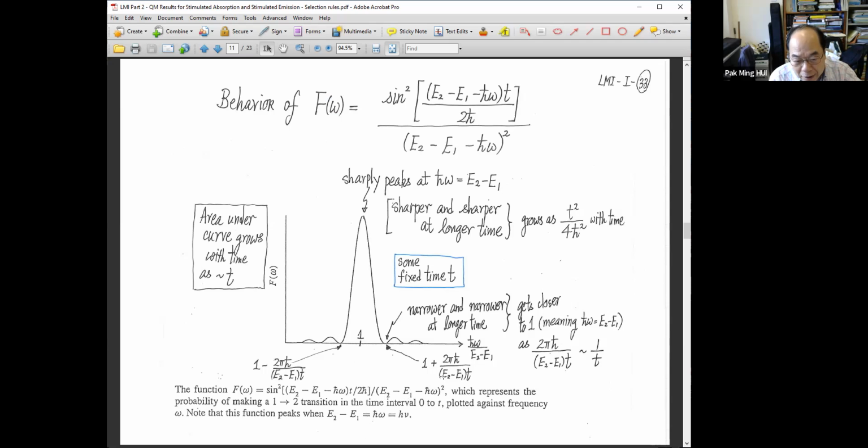Its width goes like 1 over t. Do you understand? So roughly speaking, the area under the curve goes like t. Okay, questions? You understand?